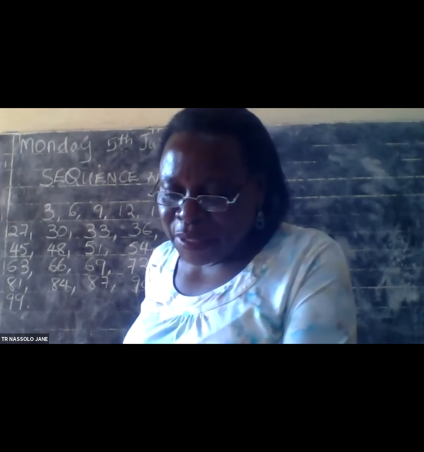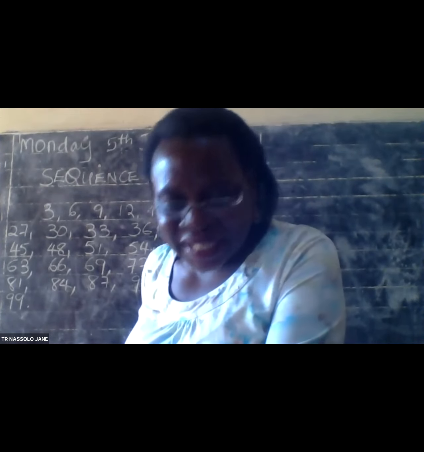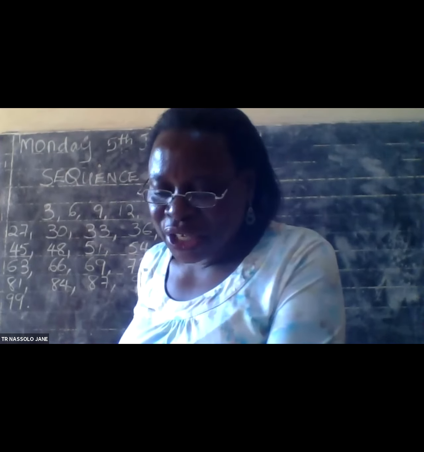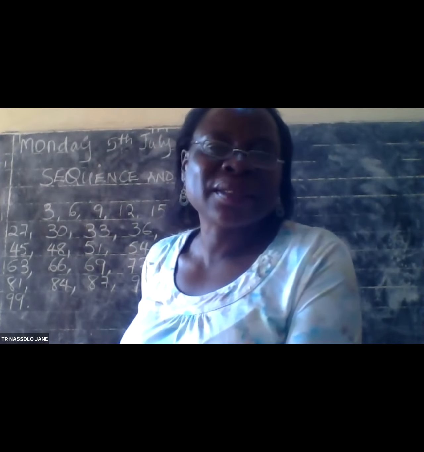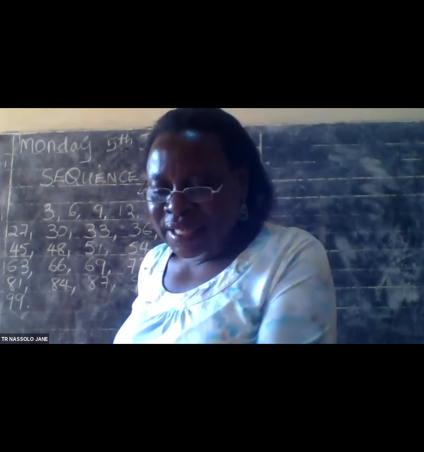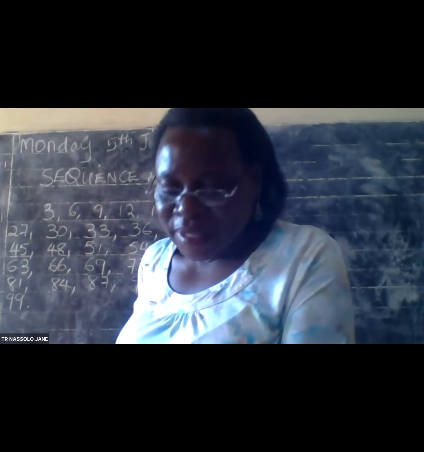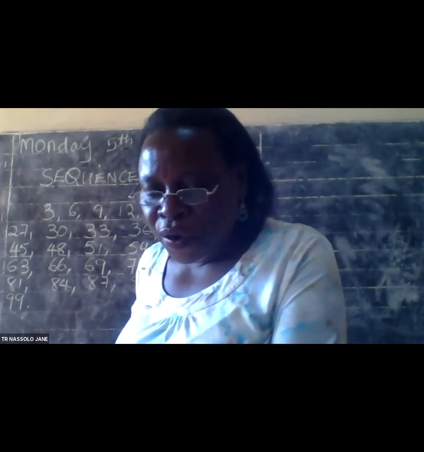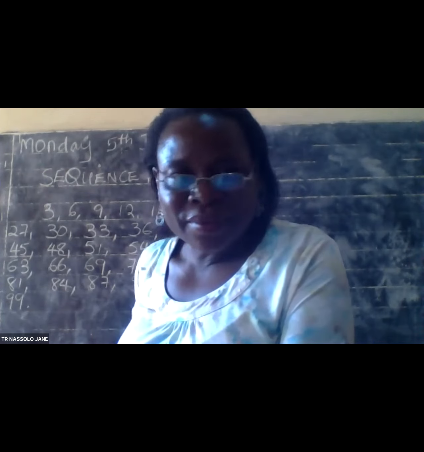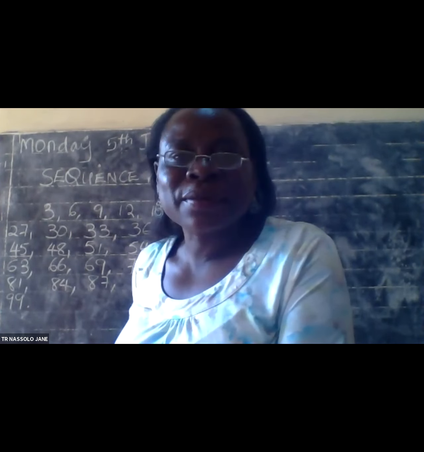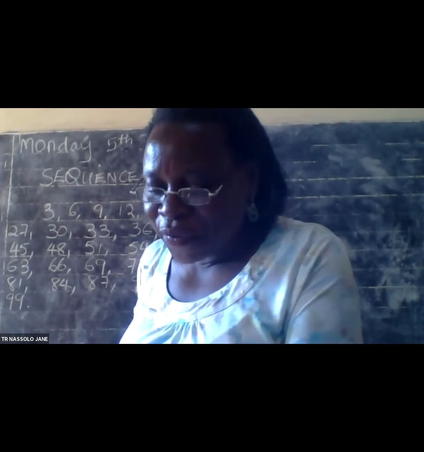The nth multiple of 4 is 36. So what is the nth? 9. The ninth multiple of 4 is 36. Then part C, the 12th multiple of 4 is what? 48.